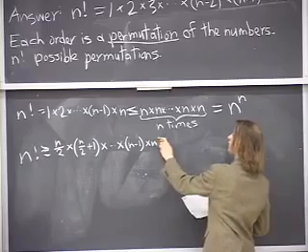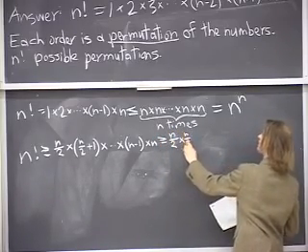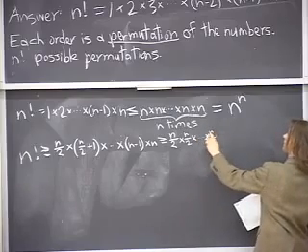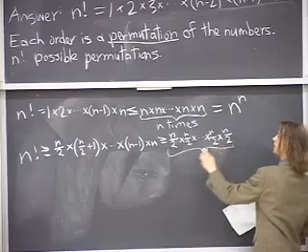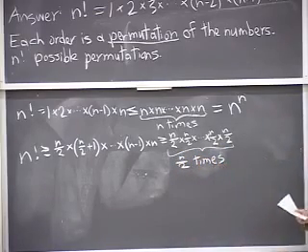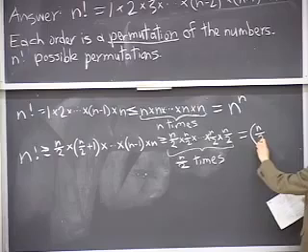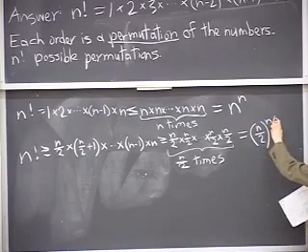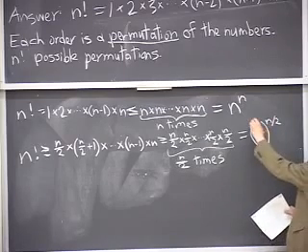And that is greater than or equal to a whole bunch of n over 2's multiplied together n over 2 times. And so that's n over 2 to the power of n over 2. So that gives us a lower bound. N factorial has to be a number between this number and this number.